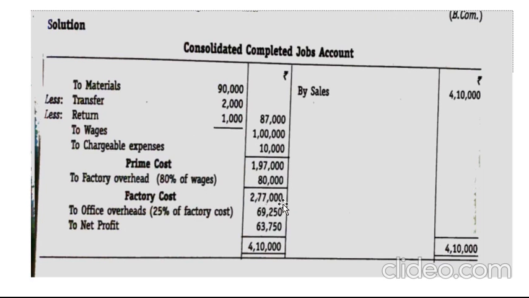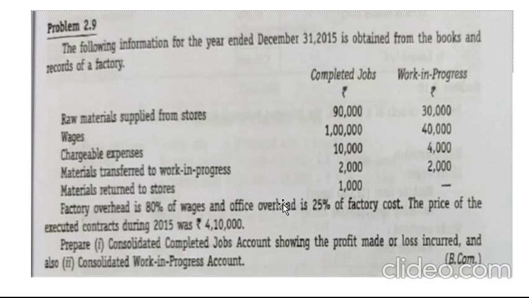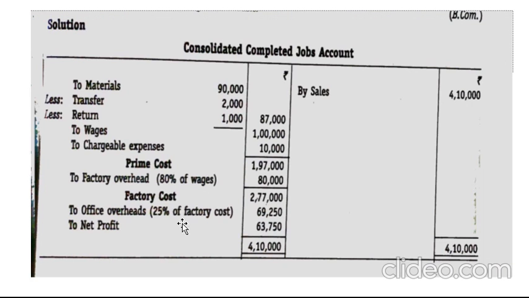After your factory cost, you need to check whether you have any office and administration expenses. In the problem, they stated office overhead is 25% of works cost, or factory cost. It can also be called works cost or factory cost.